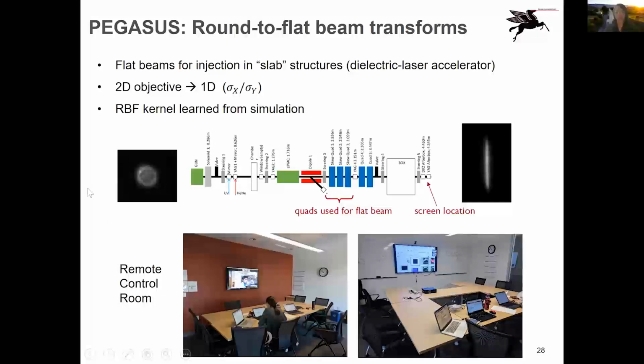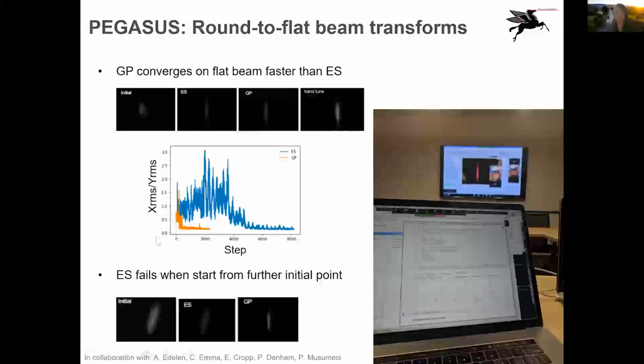In collaboration with Eric Kropp, Pietro Musumeci, Orly Edelen, and Claudio from SLAC, we demonstrated that the Gaussian process converged faster on flat beam than extremum seeking, and you can see that the quality of it is even a little bit better than hand tuning.